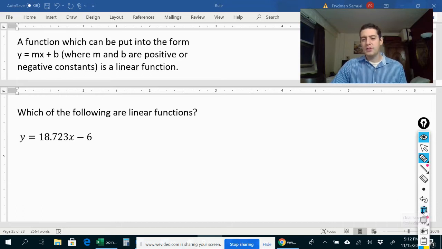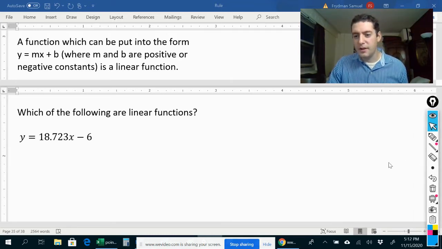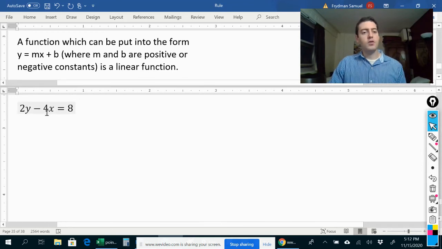Okay, let's move on. I also want to change my color here, just a brighter color now. What about this over here? 2y minus 4x is equal to 8. Well, it doesn't look like this looks anything at all like this, right? I have some coefficient in front of the y here.